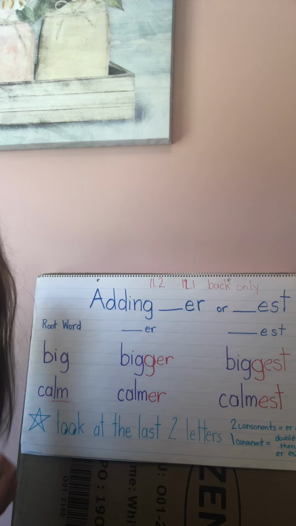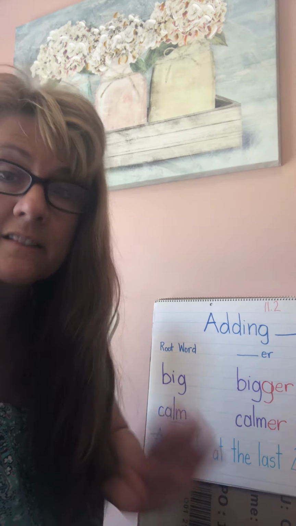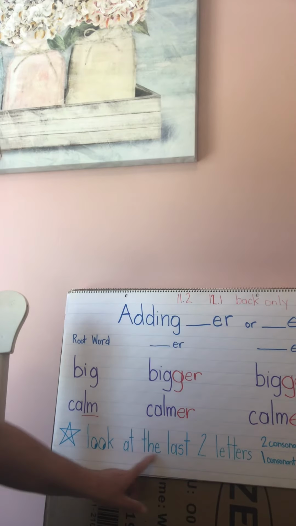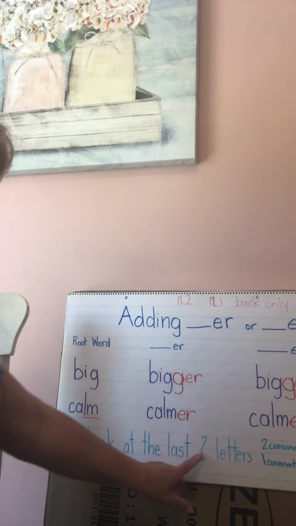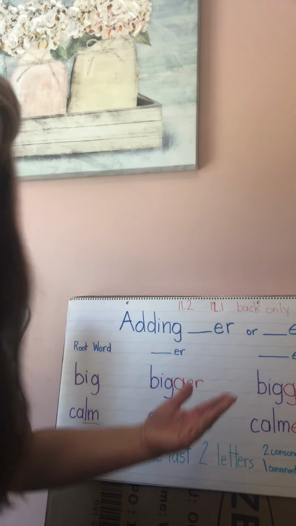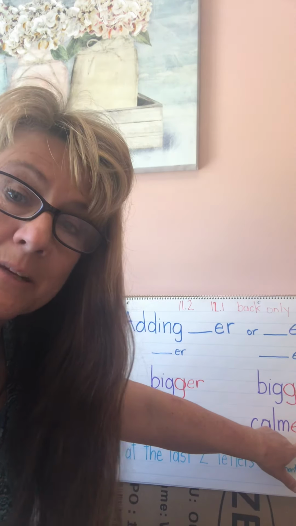So to review, anytime you have to add ER or EST to a root word, this is what we've got to remember to do. We've got to look at the last 2 letters of the word. If the last 2 letters has 2 consonants, like calm, LM, we don't have to do anything. We can just add our ER and our EST.